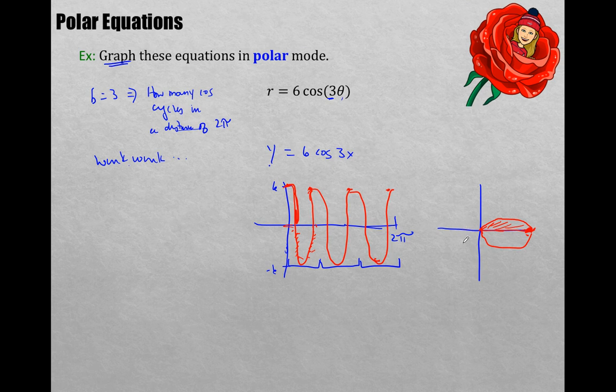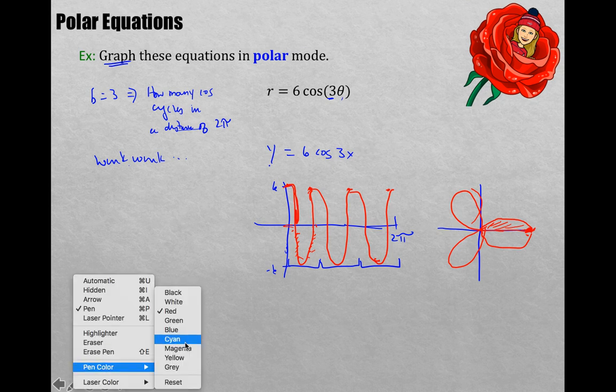What ends up happening? Can you see what this looks like? And have you put this into your calculator yet and looked at it? This actually looks like that. And I kind of oversimplified the situation.